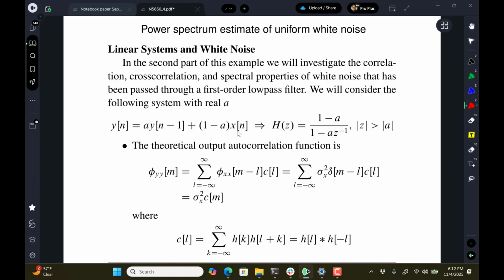So if we wanted to get the theoretical autocorrelation function, we have to go from the formulas we were looking at before the break, where you have to take the input process X and convolve it with the C of L function, which is the autocorrelation of the impulse response with itself. That was this guy right here.